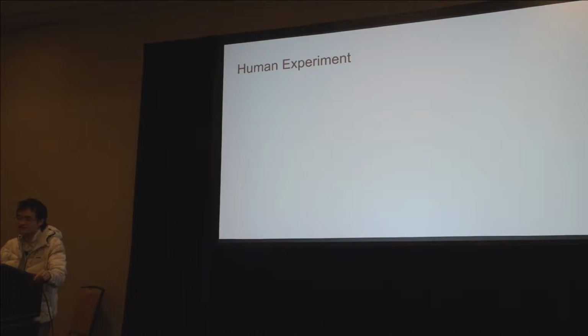And then for the human experiment, the question is, can people actually understand the cluster? So we have this task again on Mechanical Turk because it's easy to do, with over 100 participants.